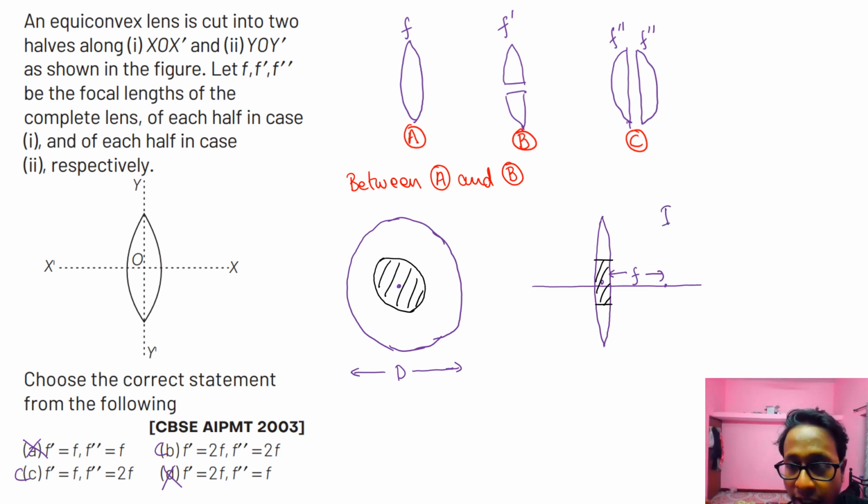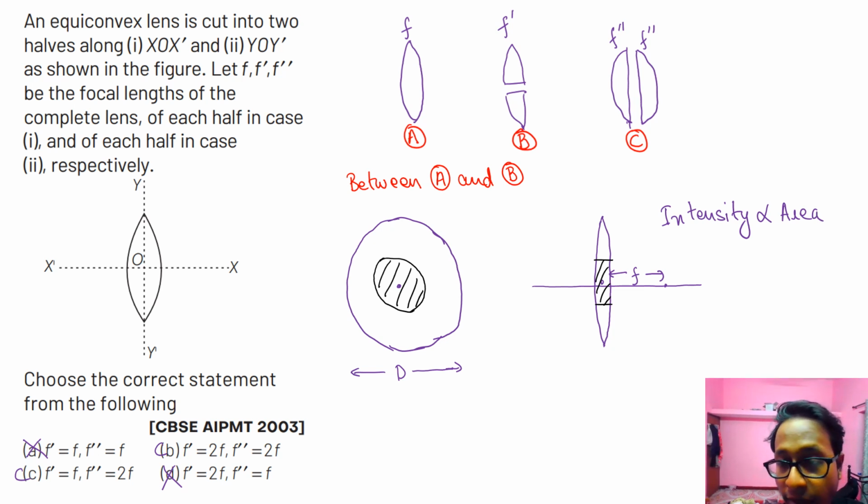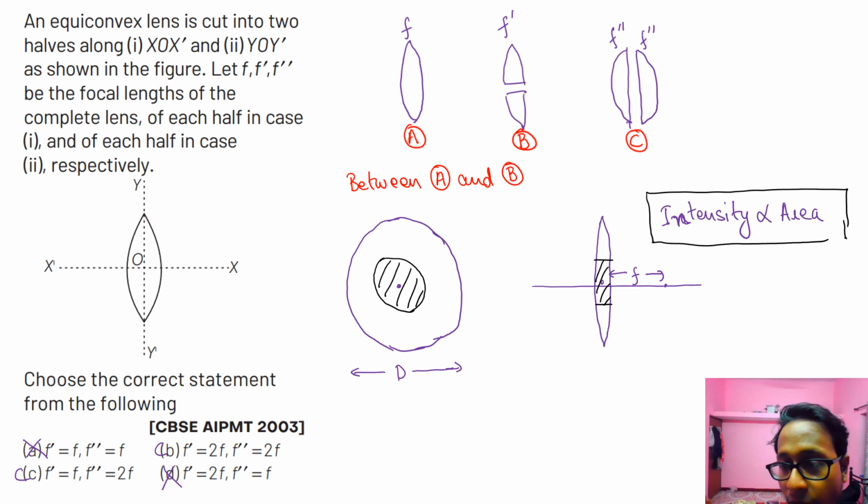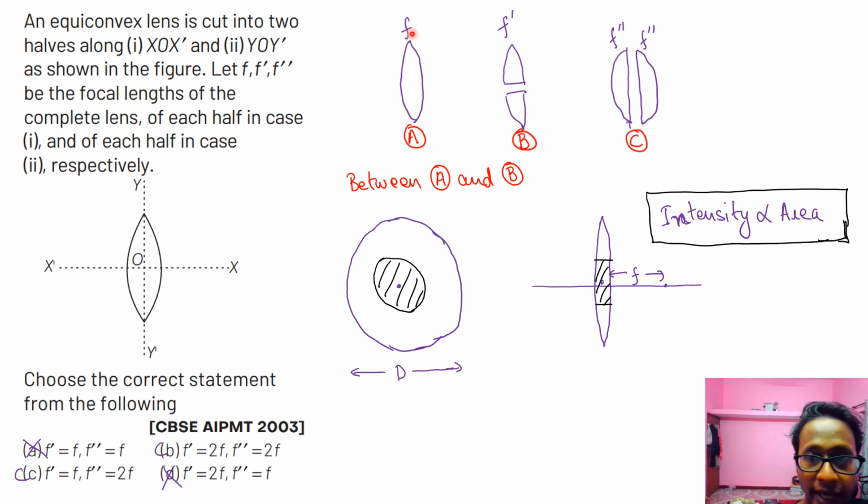Intensity of image is directly proportional to the aperture area of the lens, which means the intensity of the image formed by a lens depends on the area through which the light can pass through the lens. So let's focus on A and B.